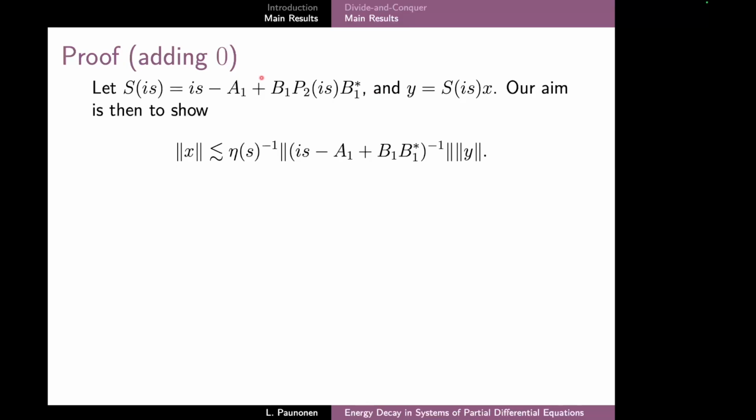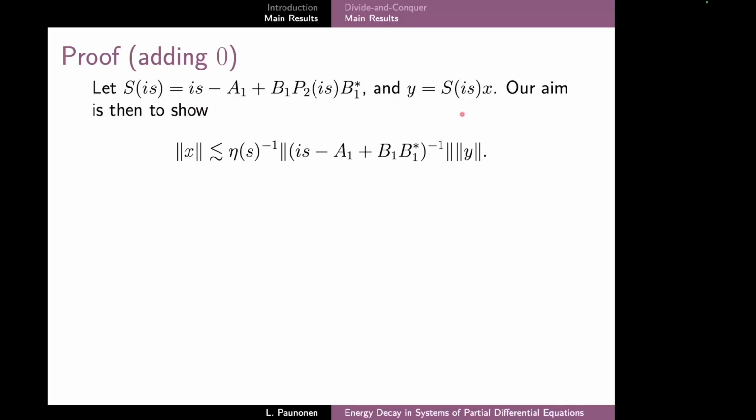And in order to get the result in our claim, we would like to show that if we let y be S applied to x, then the norm of x is bounded by a constant times these coefficients relating to the transfer function of system 2 and the system 1 under the resolvent of system 1 under negative feedback, times the norm of y.